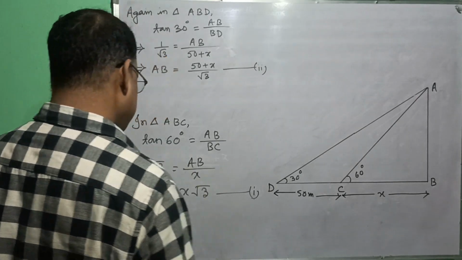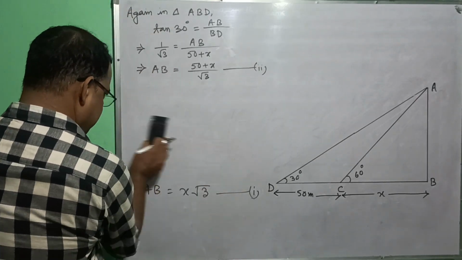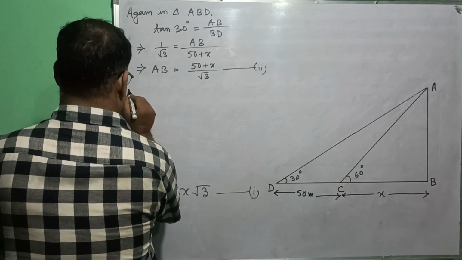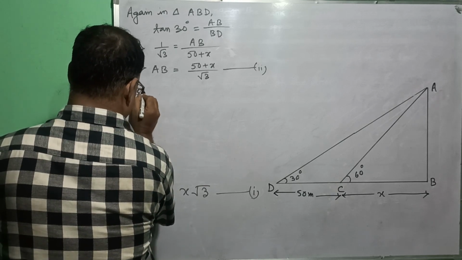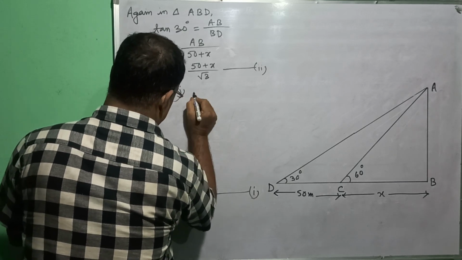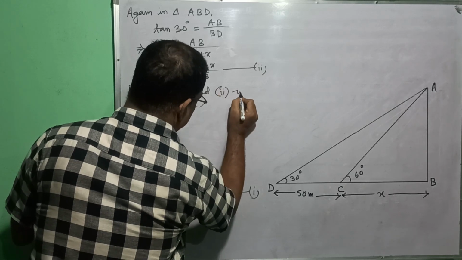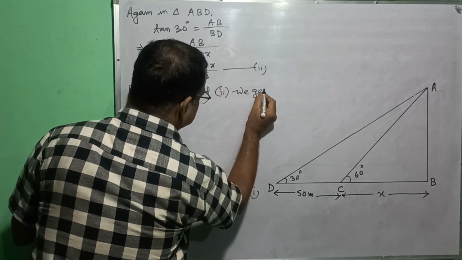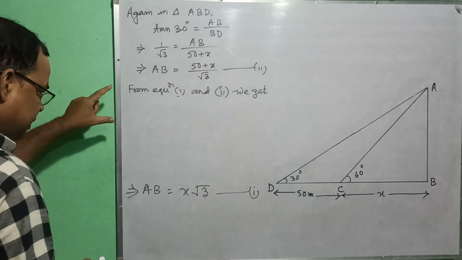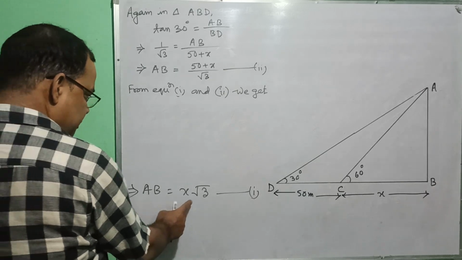Now from equation 1 and 2 we get AB equal to 50 plus x by root 3 and AB equal to x root 3.